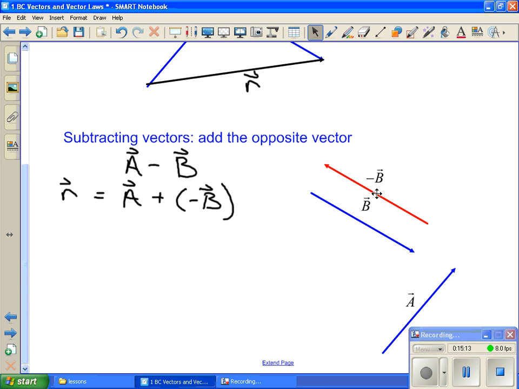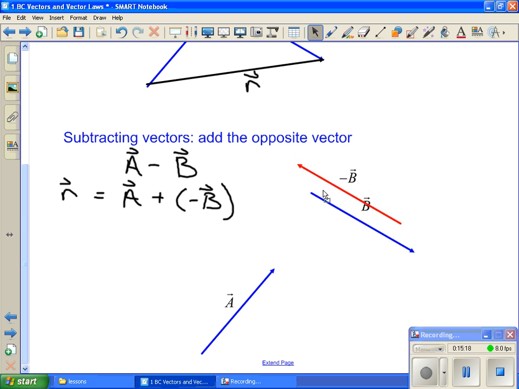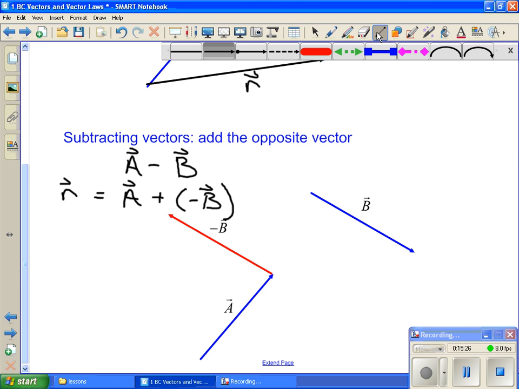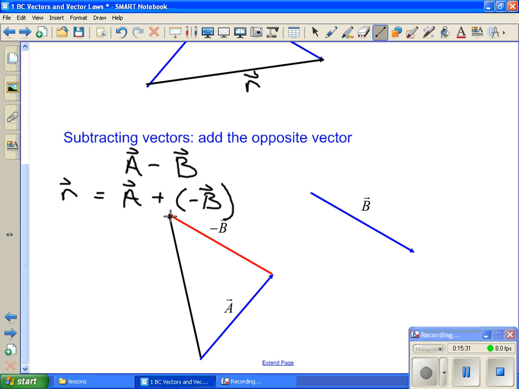So again, we take vector A, we take minus B here, we place them tip to tail, okay, and our resultant goes from the tail of one to the tip of the other. So this would be our resultant vector there. So anytime they ask for the resultant vector, they're getting you to add these two vectors together.